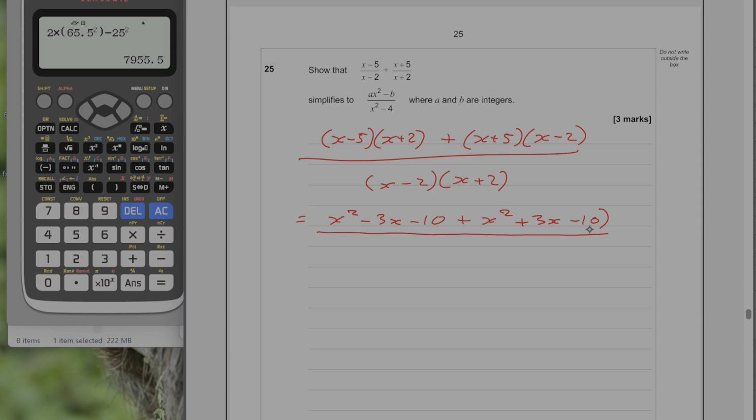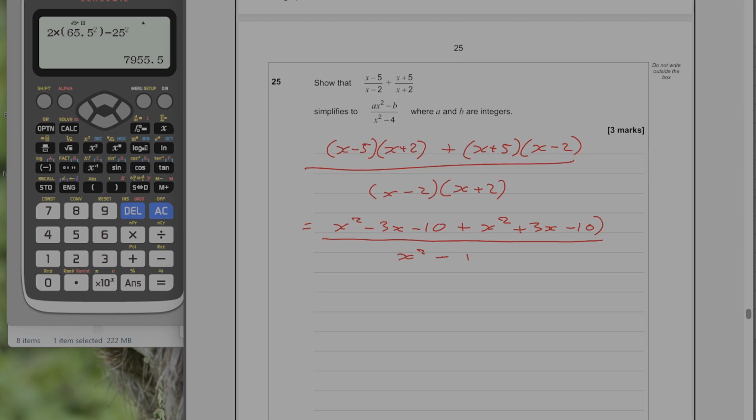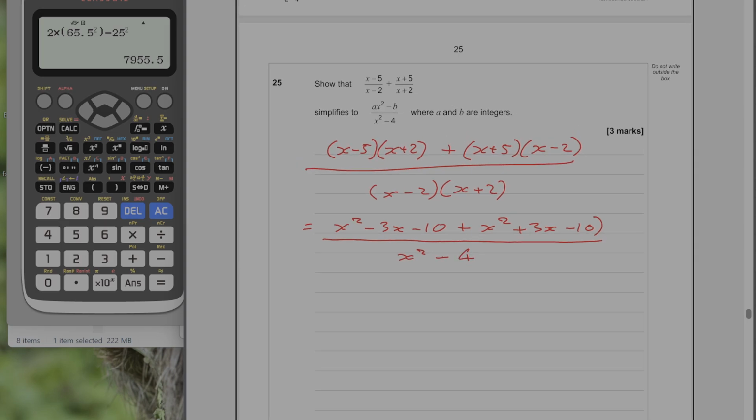And then that's the difference of 2 squares, so that would just be x squared minus 2 squared, which would be x squared minus 4. Right, so that's going to give me 2x squared, those would cancel, so minus 20 over x squared minus 4.